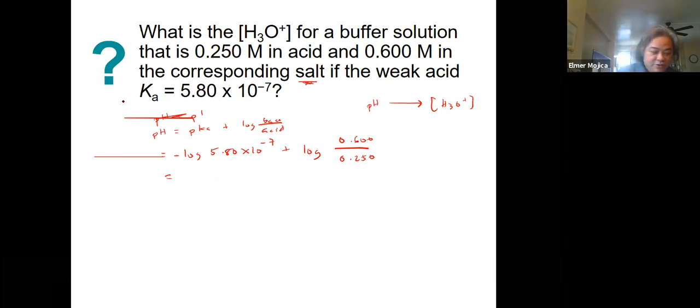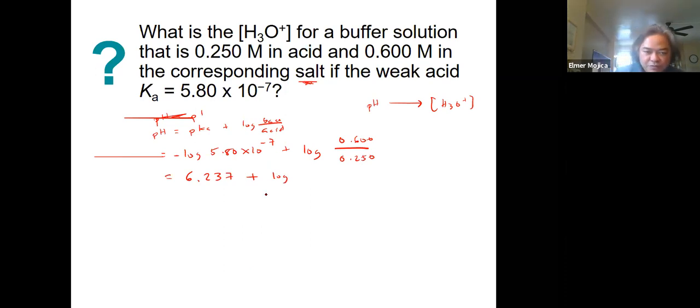So I will have here 6.237. I need to use 3 because I have 3 significant figures there. And then log of what? 0.6 divided by 0.250.